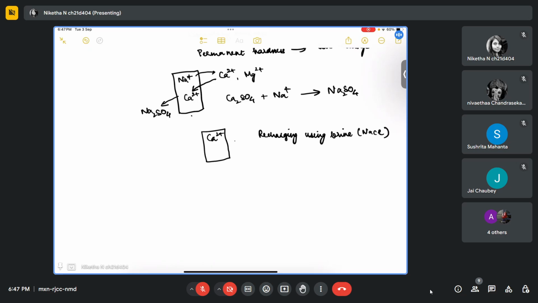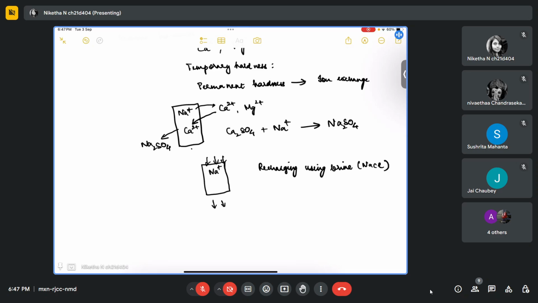This NaCl solution is allowed to pass through the resin, and whatever calcium salts are there will come down and be removed. Again the resin will have sodium. This can be done after a certain period of time to ensure that the resin is working in good condition.